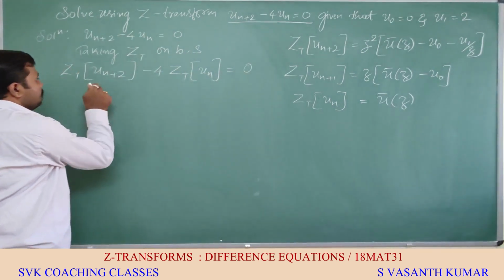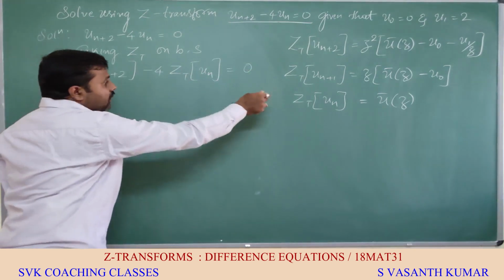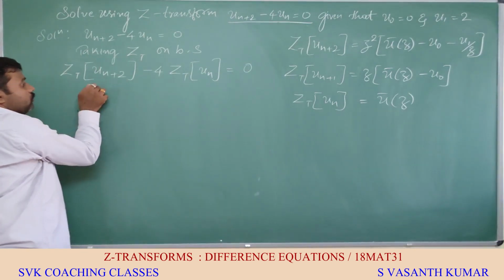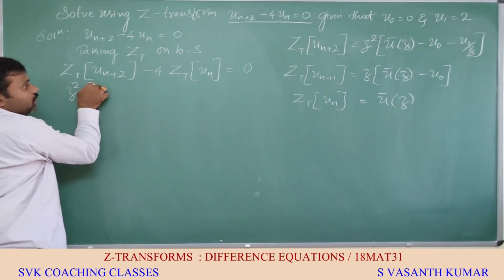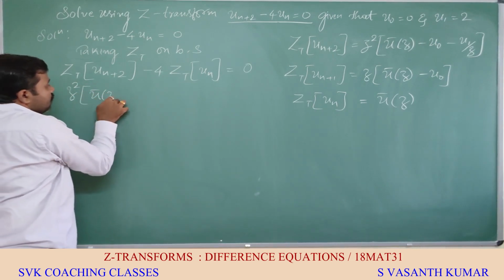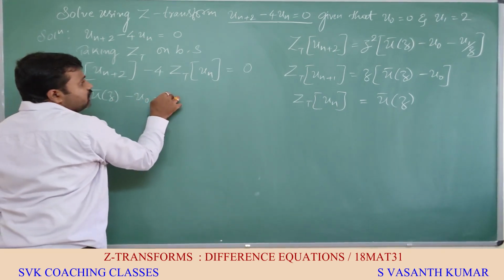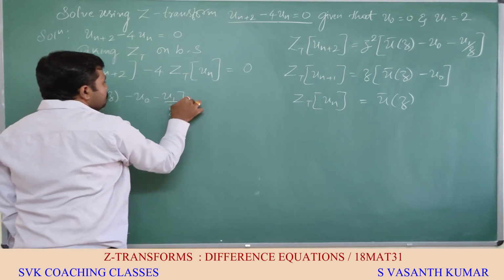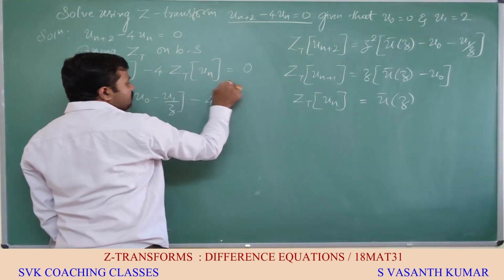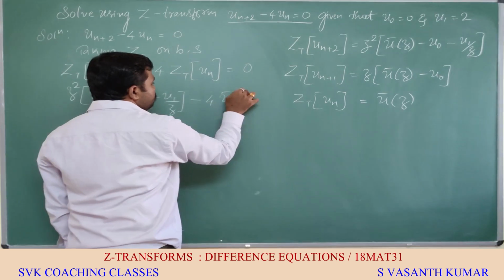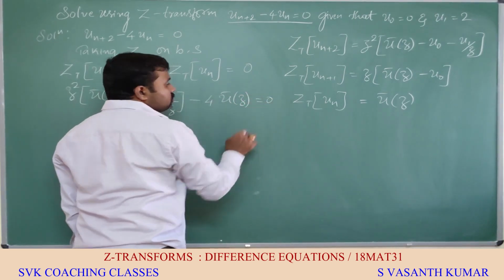Using this definition, implement those values here. So Z transform of u(n+2) is z square into u bar of z minus u0 minus u1 by z, minus 4 into Z transform of u(n), which is u bar of z, equal to 0.